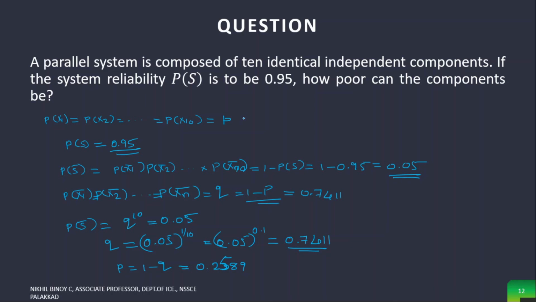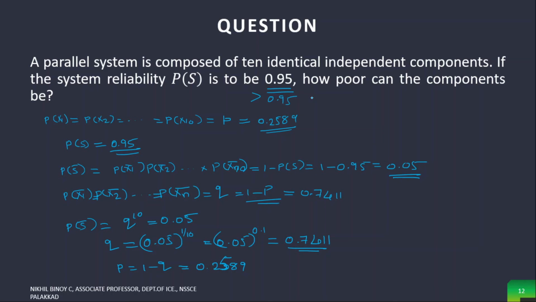Means the probability of survival, the reliability of an individual unit, an individual component, must be 0.2589. If the reliability of an individual unit is less than this value, we can't achieve this reliability. The system reliability will not be 0.95 if the individual reliability is less than this value. If the system reliability is greater than 0.95, there is no problem.